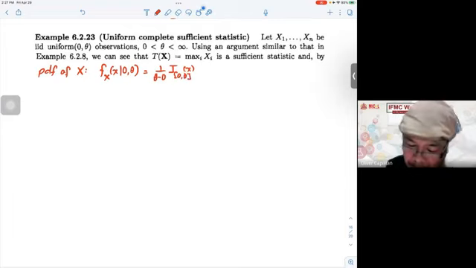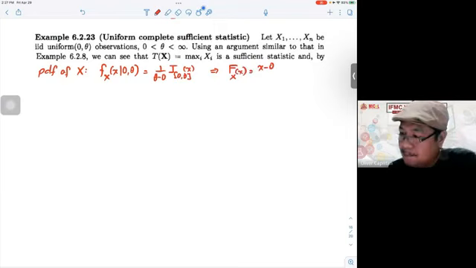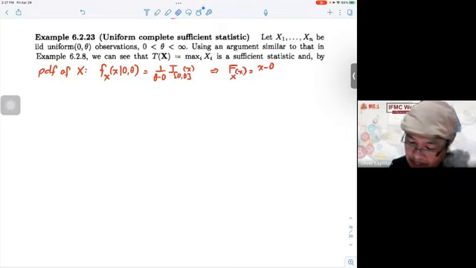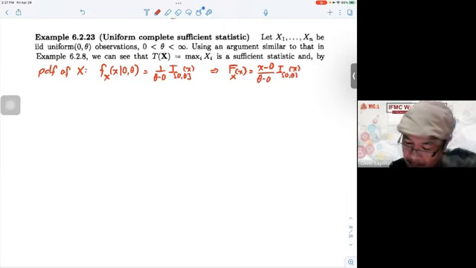This would also imply that our CDF is X minus 0 divided by theta minus 0, with the indicator function, or simply X over theta, then the indicator function.